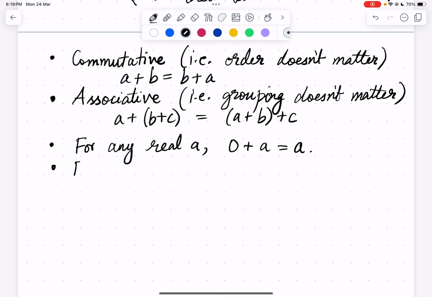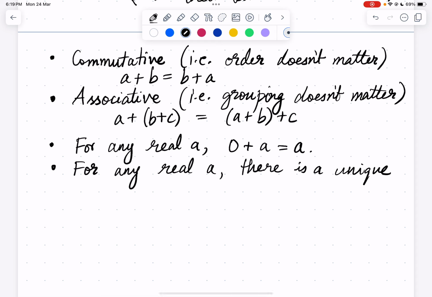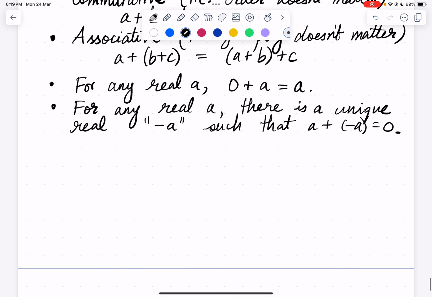And for any real a, you have an additive inverse. There is a unique real minus a such that a plus minus a equals 0. So you have additive inverses. We call minus a the additive inverse of a as usual.